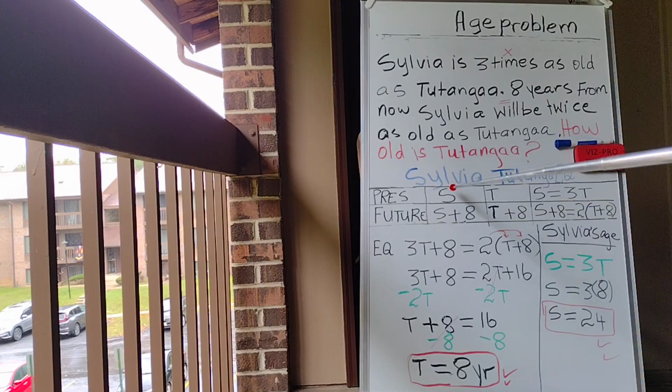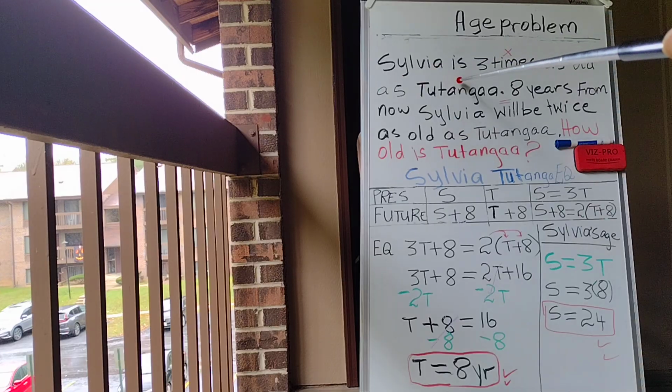Take a look at what we have here. S stands for Sylvia, and T is just for Tutanga. Now let's go back to the statement.